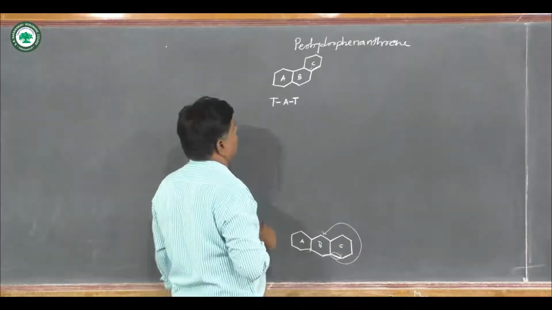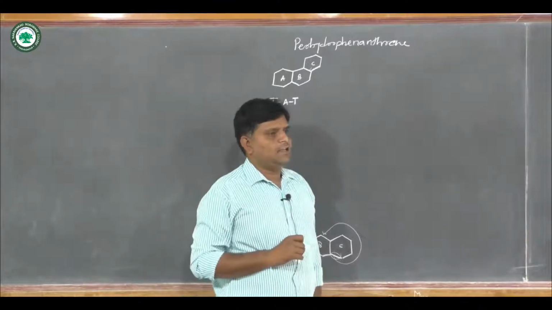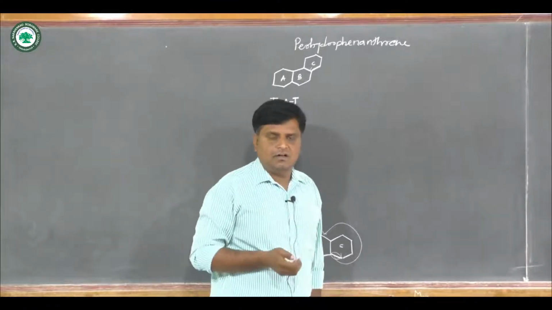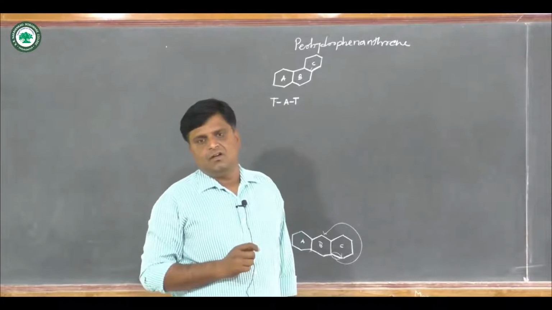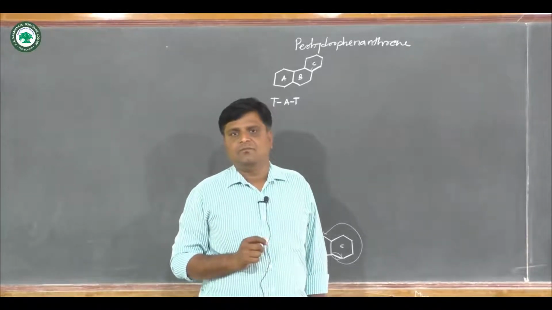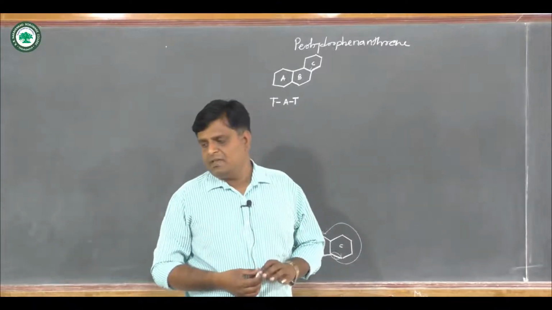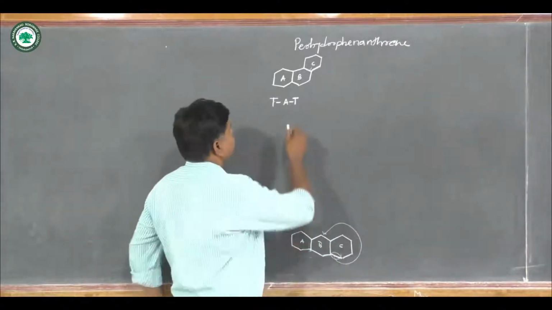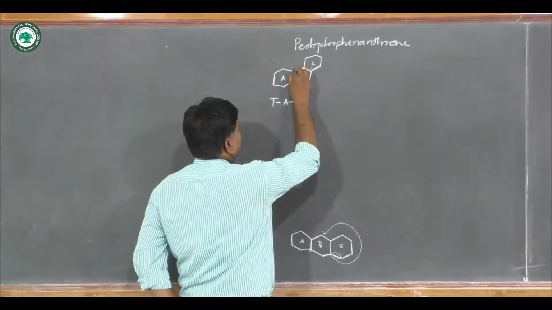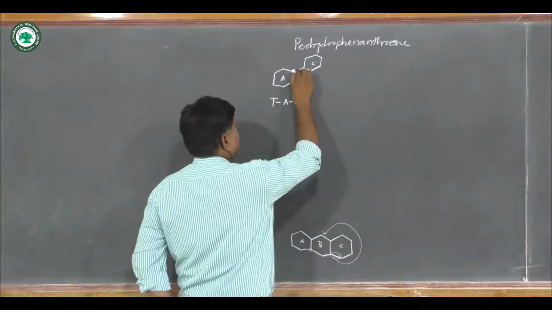Okay, so suppose we try to draw a dot on the carbon atom to show this type of fusion. At that time we see here, suppose we can write a dot on this carbon atom.